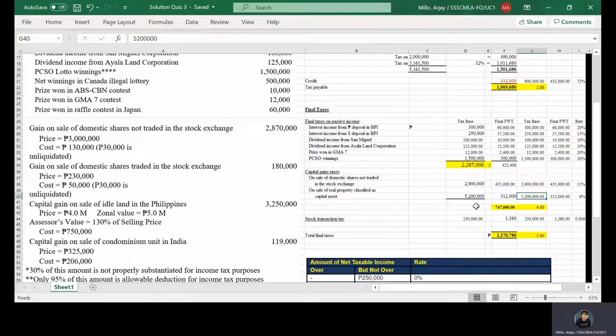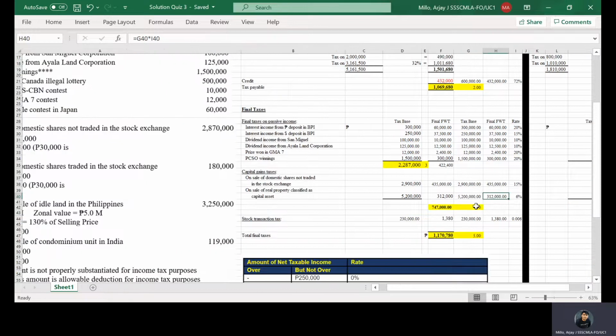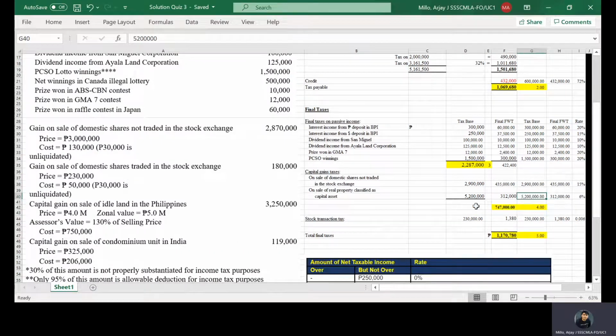So higher yung amount ng assessor's value, then that will be our fair market value. So 5.2 million as compared to price na 4 million, higher yung fair market value. So yun yung magiging basis natin for the 6% capital gains tax. So 5.2 million times 6%. So that's 312,000. Tapos i-add lang natin yun kasi yun lang naman yung mga subject sa capital gains tax.